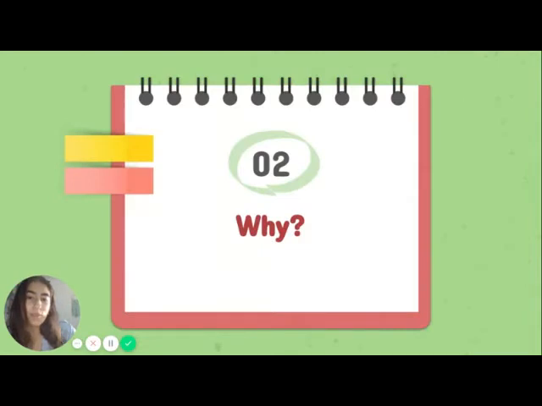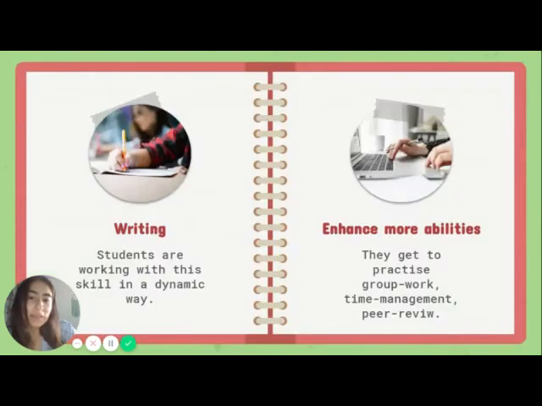So, number 2, why? Why are we doing this activity? Why is it so important? And there are 2 main reasons. The first one has to do with writing. Students are working with this sometimes complex and challenging skill in a very dynamic way. So we are motivating them to think of writing differently. And second is because it enhances more abilities.